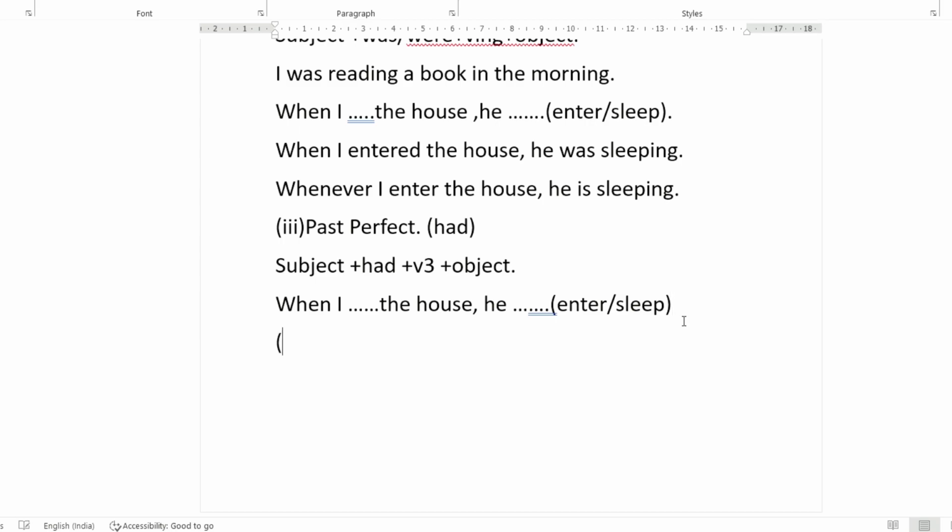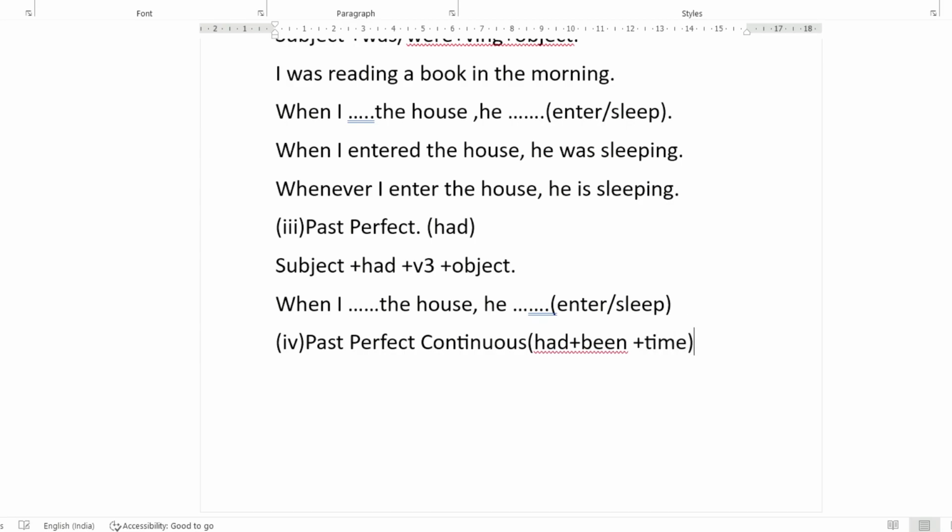Okay? Last but not the least, it is past perfect continuous, an action which started long back, continued for some time, and then it ended.